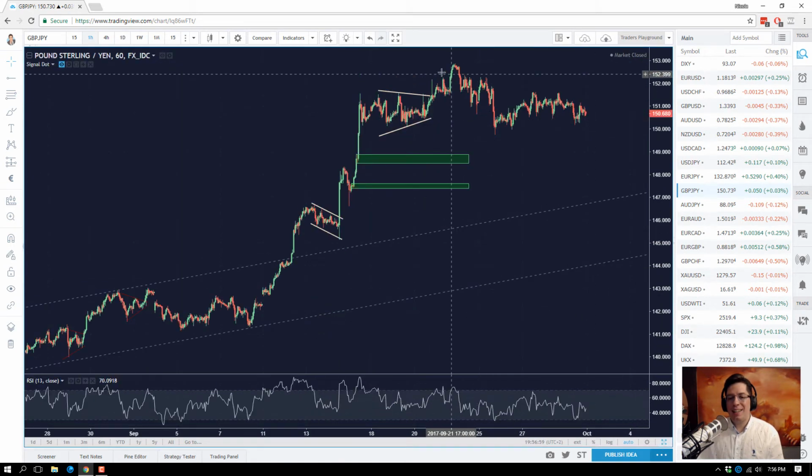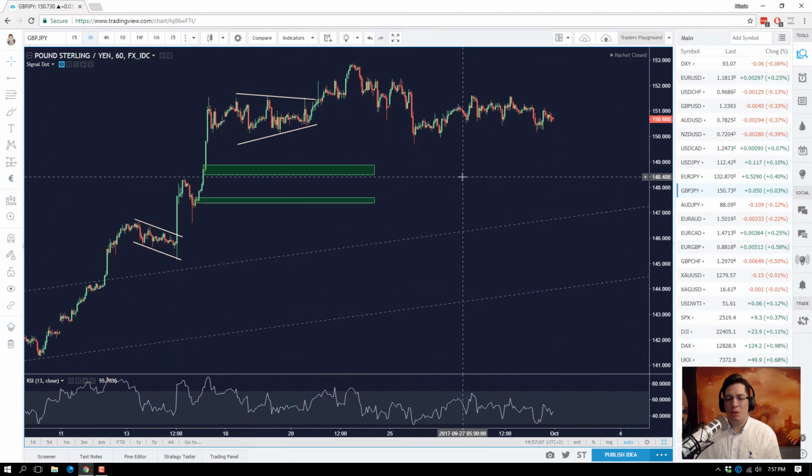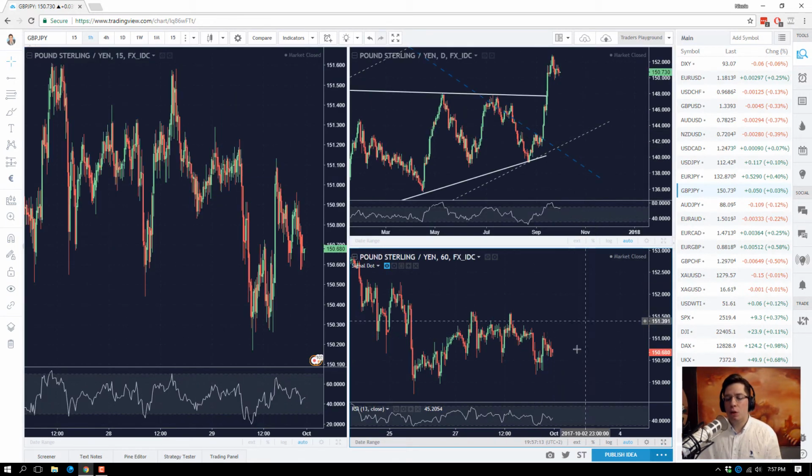Selling is not ideal, we don't have such strong momentum. Also, guys, watch for triangles because this pair gave decent triangles in the last 30 days. So watch for that possibility also.